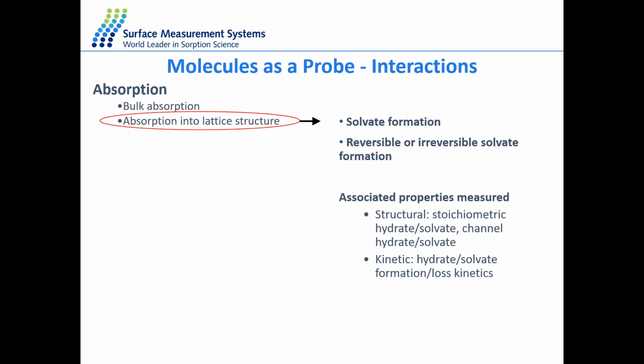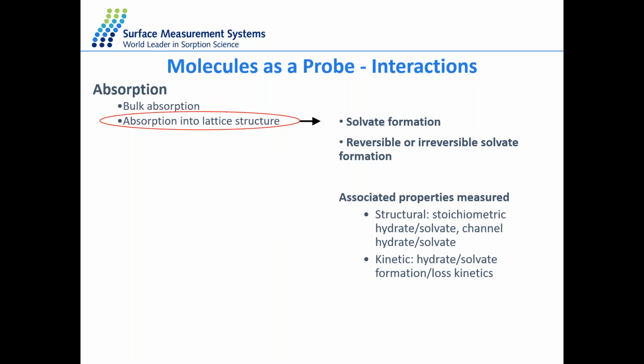Now, we can define the structure of the molecule that we end up with, and usually we can define it as stoichiometric or non-stoichiometric. Stoichiometric is a definition that identifies the hydrate or solvate in which we can count the number of molecules of the solvent that we're adding, so monohydrate or hexahydrate. Non-stoichiometric is in case we are not able to define the number of molecules that end up in the structure.